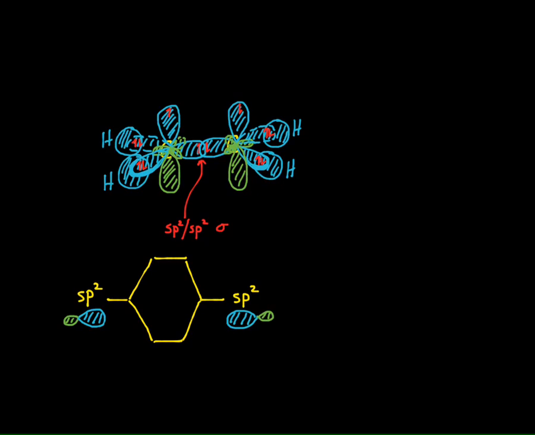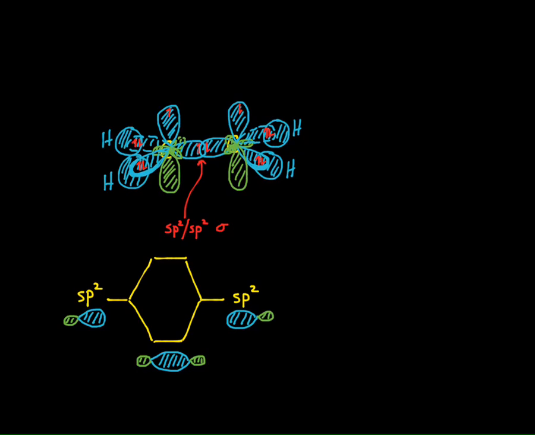Where you have two sp2 hybridized orbitals that are coming together. And of course, we know that if you're mixing two atomic orbitals, you get two molecular orbitals. So the first one is going to be the in phase overlap, the addition of two sp2 orbitals. And I can represent that by drawing a big lobe in the middle where most of the electron density is going to reside, and then two smaller lobes at the ends. That's the addition.